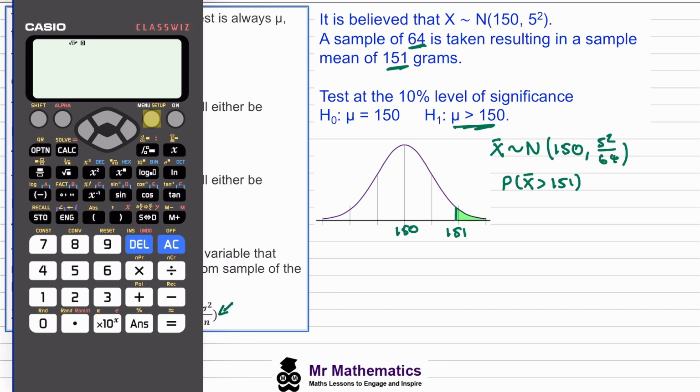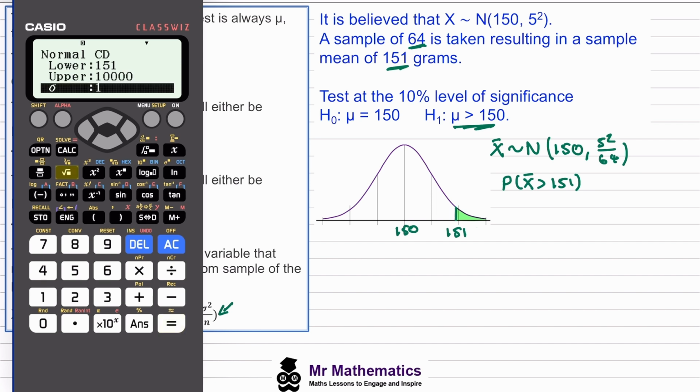If we go to menu, we want option 7 for distribution, we want option 2 for normal CD. Our lower value is 151, our upper value has to be 3 standard deviations or more above the mean, or any value greater than that, so I'm going to put in 1000 or 10,000. Sigma, we need to calculate from our variance.